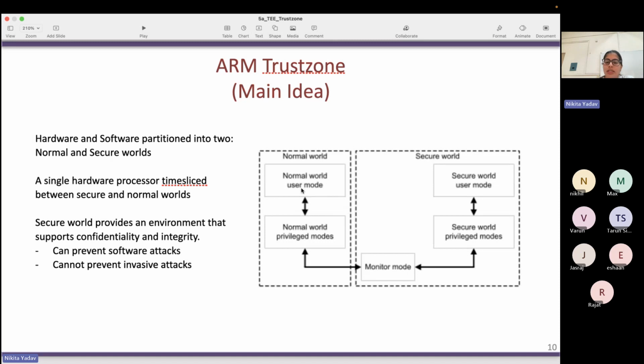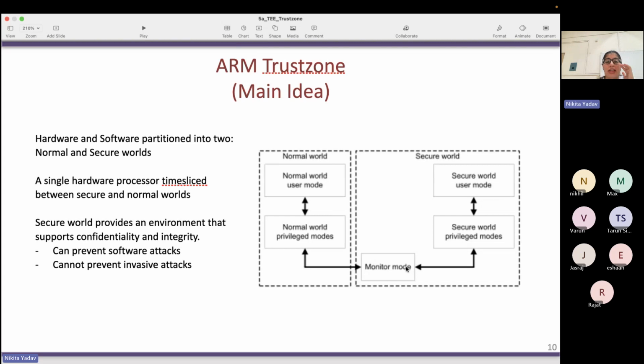So if your processor is running in the normal world, then what is running on the processor is the normal applications and the normal OS, and it will have to switch from the normal world to the secure world. When it makes a switch, all of this is gone. This is no longer present on your processor, and then this is what your processor will be running: the secure OS, the secure applications, and the monitor.